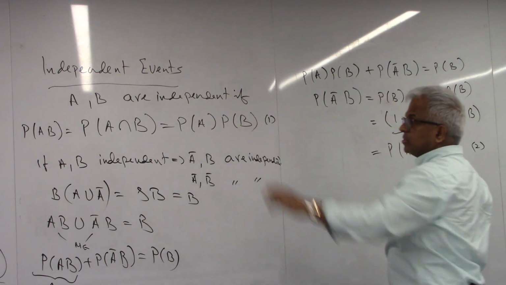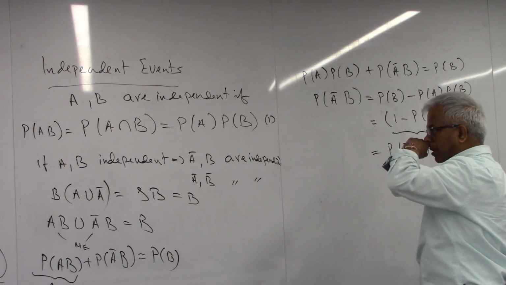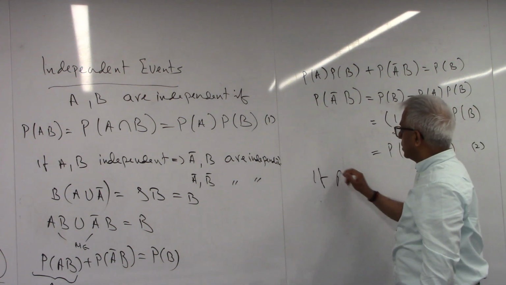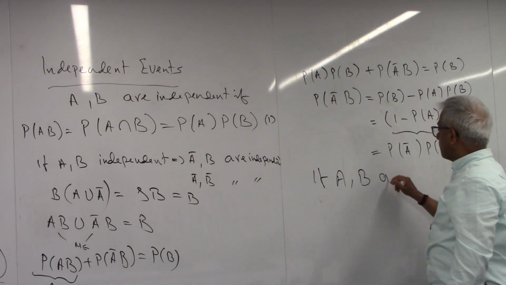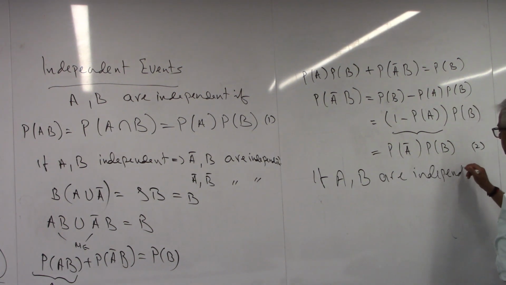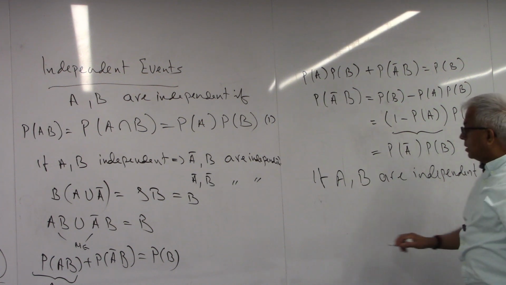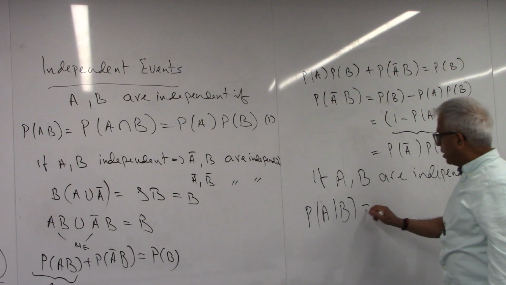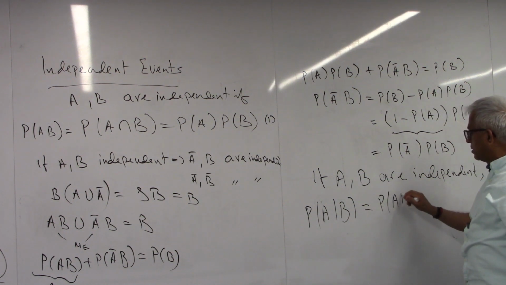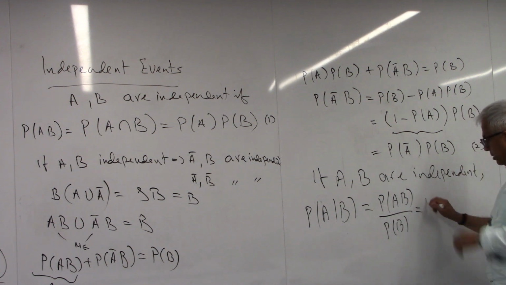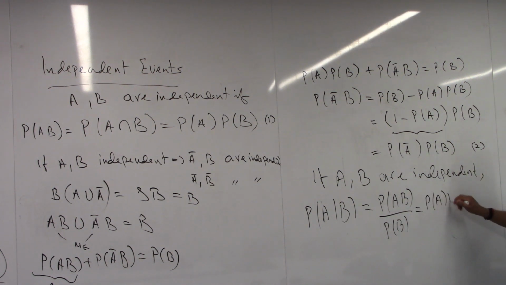Notice that if you combine this, you get another interpretation of conditional probability. If A and B are independent, then see what happens to the conditional probability. The conditional probability of A given B is by definition P(A∩B) divided by P(B). But if A and B are independent, the numerator is P(A) multiplied by P(B), divided by P(B).